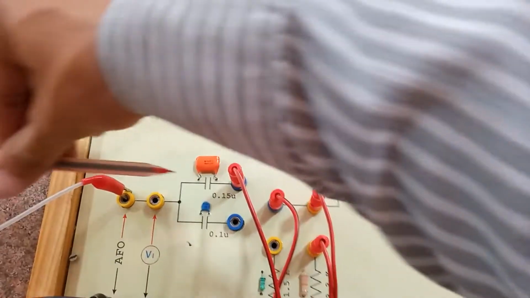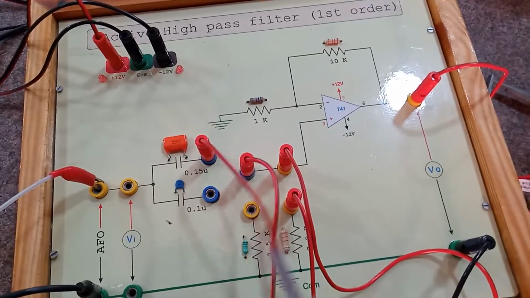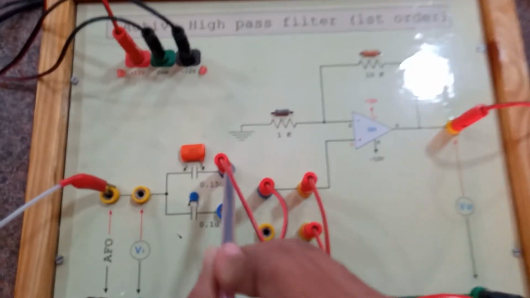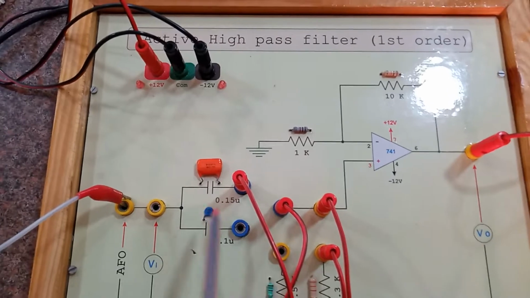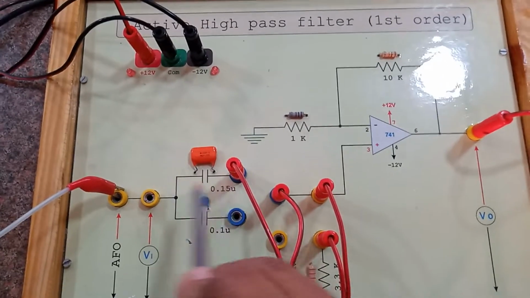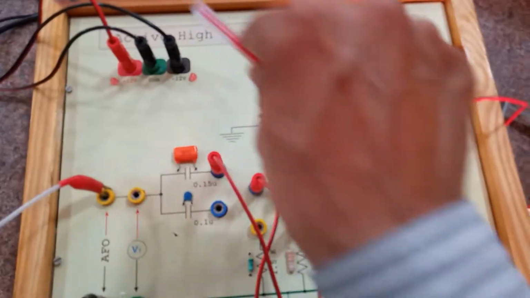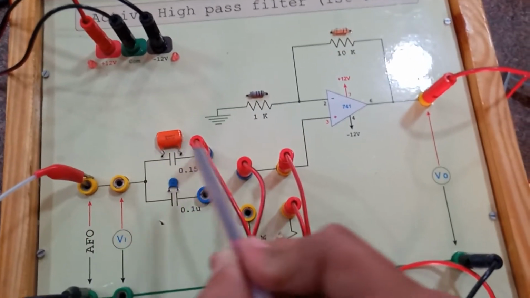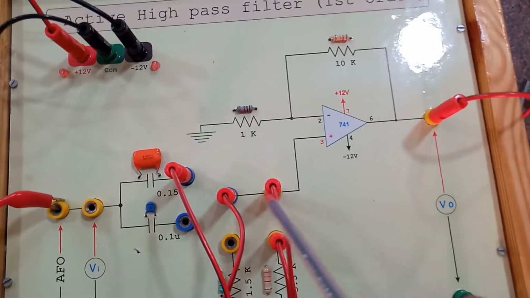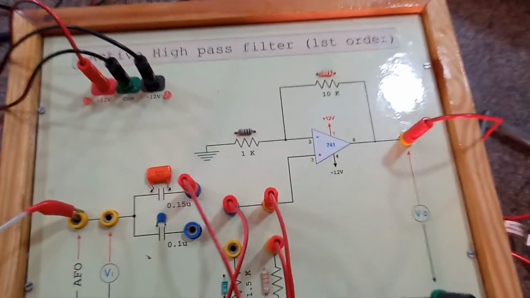It will be grounded or dissipated by this resistor. When you have high frequency, you have very low reactance, so high frequency will all pass through this connection and go to terminal number 3.